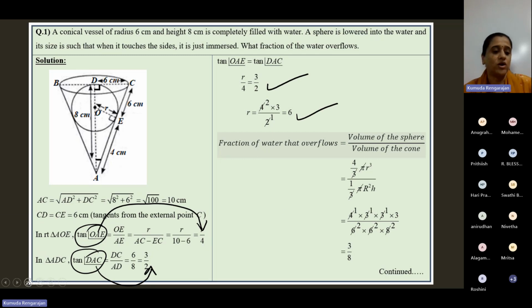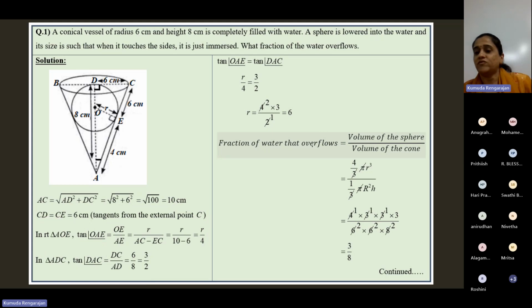Now find the fraction of water that overflows. If you're asked to find the fraction of girls in the class, how will you find it? Number of girls by the total number of students in the class.